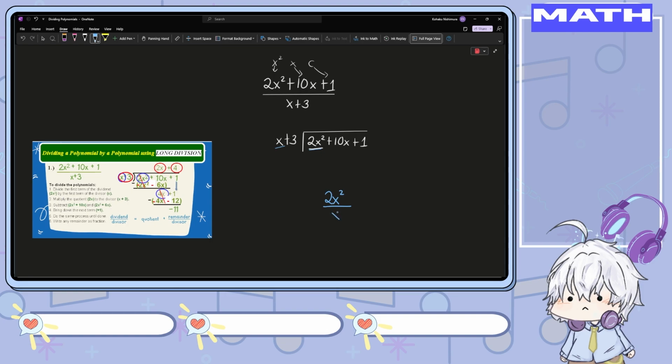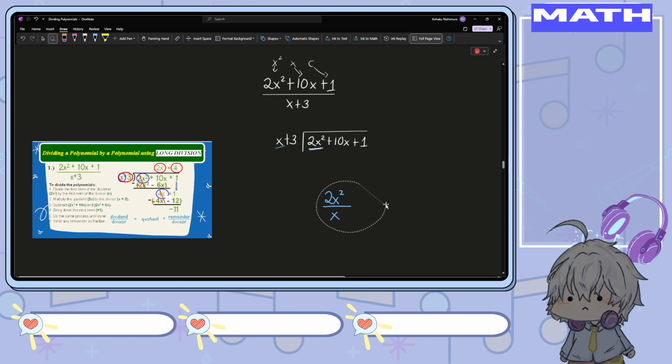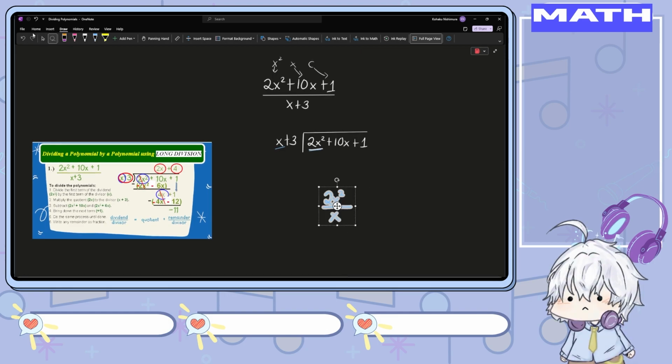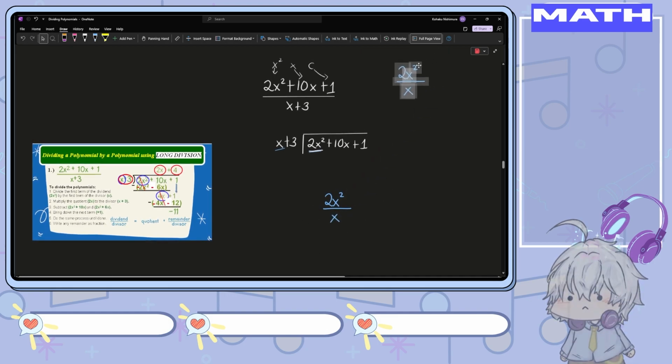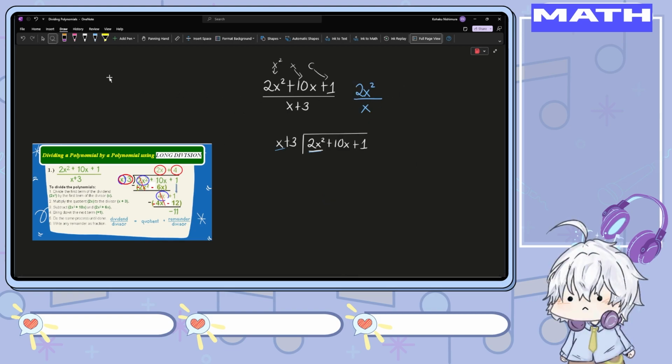What is 2x squared divided by x? The answer will become, let me move this here. There you go. 2x squared divided by x will be 2, cancel 1, will be x.